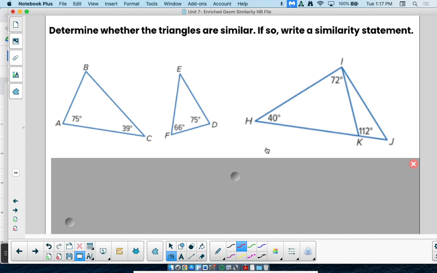It's triangle ABC, B is 66. It's DFE. Yeah, that's what I put.